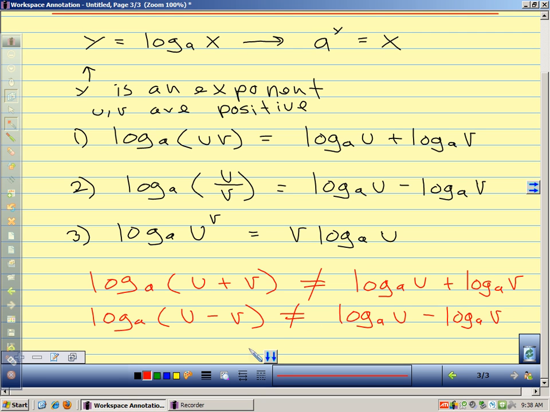It's a very easy mistake, a very common mistake to make. So I want to remind you not to do this. We have to be multiplying or dividing to split it up. And it doesn't go either direction. So if we have something like this, it turns back into this, not into this.